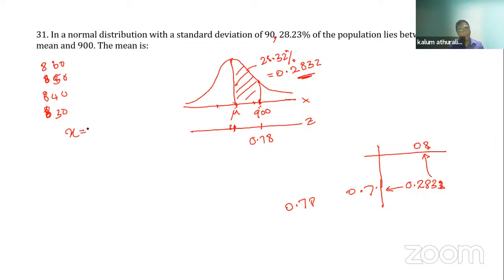Then we know that X equals 900, Z equals 0.78, it is a plus value, and the standard deviation is given as 90.